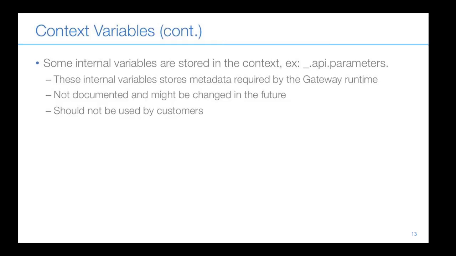The naming convention is to put them under underscore dot something, for example, underscore dot API dot parameters. These internal variables are not documented, and they might be changed in the future, so they should not be used by customers.